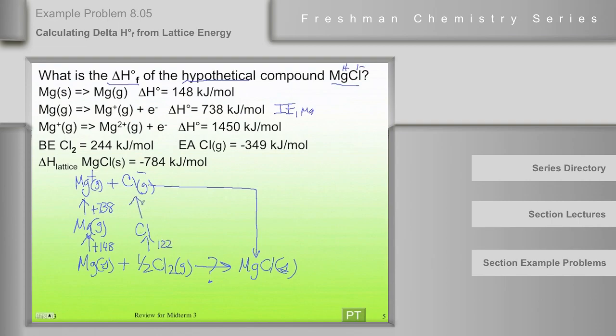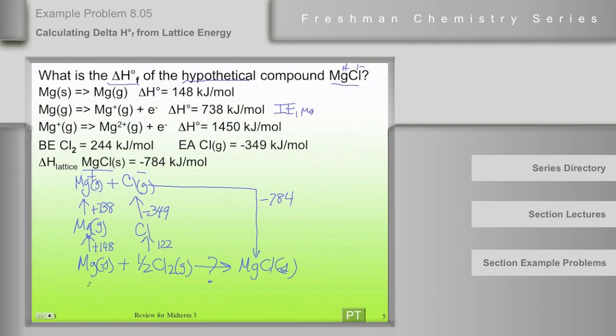And then we've got the chlorine going to chloride ion when it accepts the electron from the magnesium over here. And this is negative 349. And then we have the lattice energy for magnesium chloride, which is something close to the lattice energy for sodium chloride, similar, negative 784.